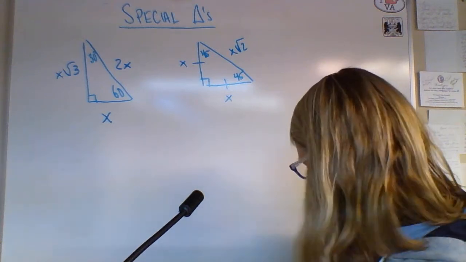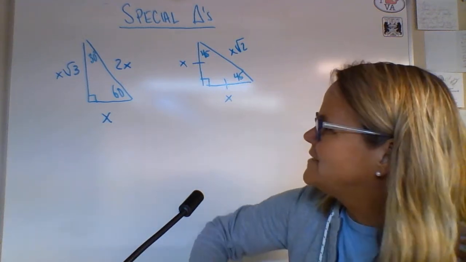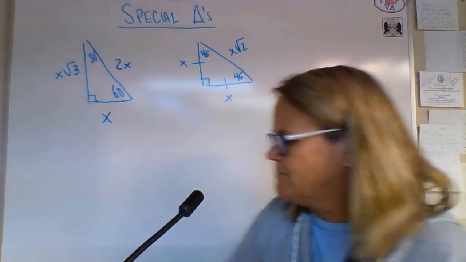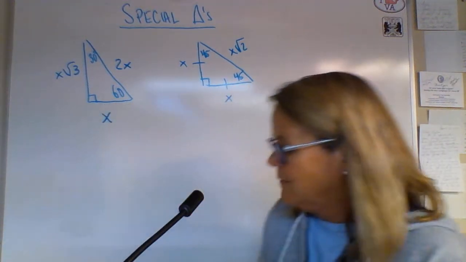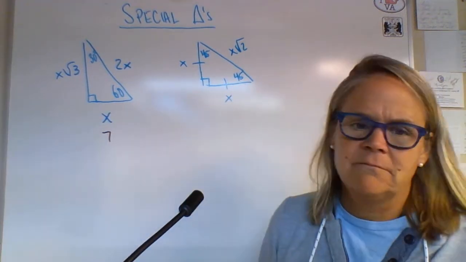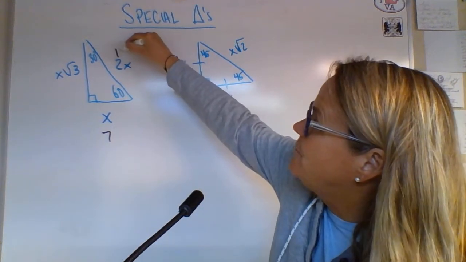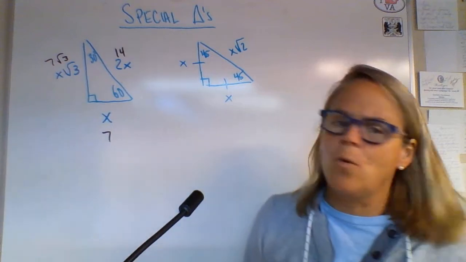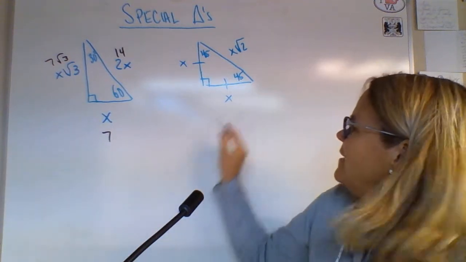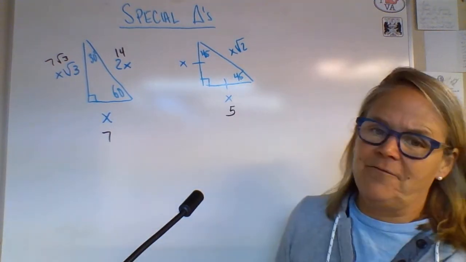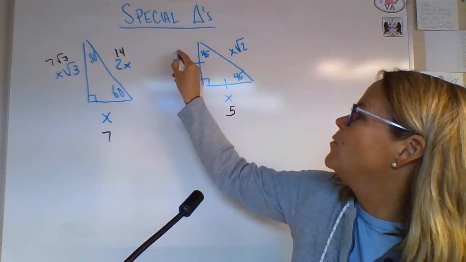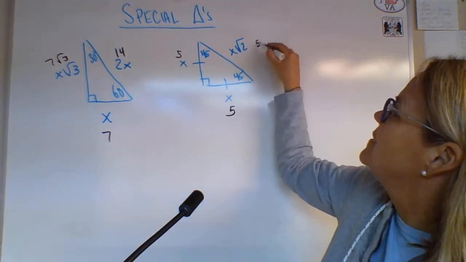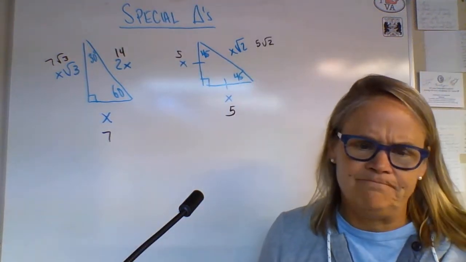That really meant that if I said this was 7, well, that means this would be 14, and this would be 7 square root of 3. If I said this was 5, that meant that was 5, that's 5 radical 2.